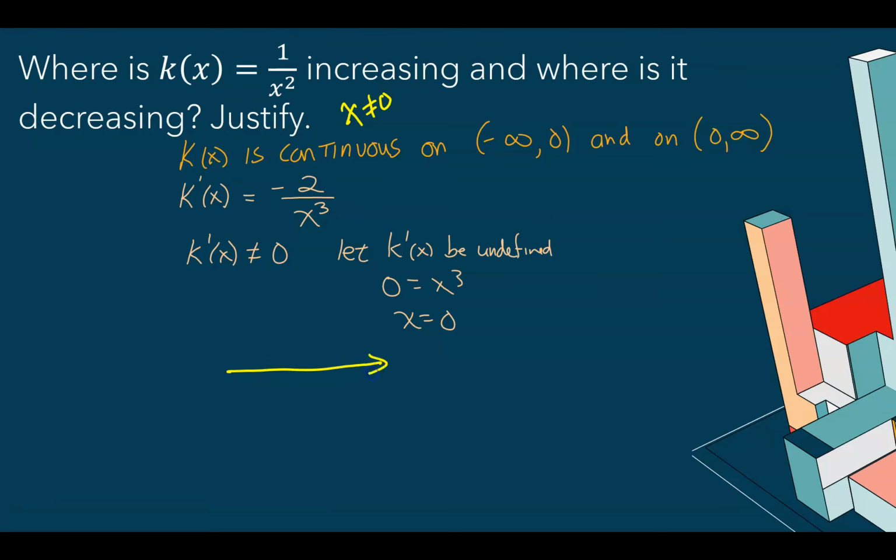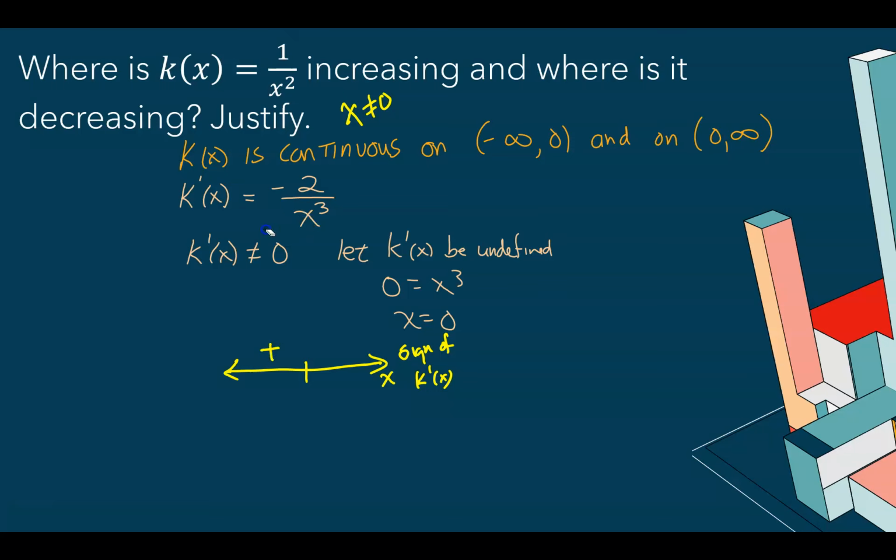So negative infinity to infinity, this is an x. We're doing the sign of k prime of x. We'll put 0 on there. And so, let's see. Any number less than 0, negative 1, well, remember, we're putting negative 1 into k prime, so negative 2 over negative 1 cubed is negative 2 over negative 1, that's positive.